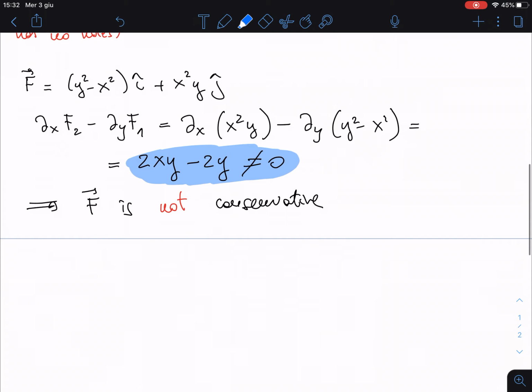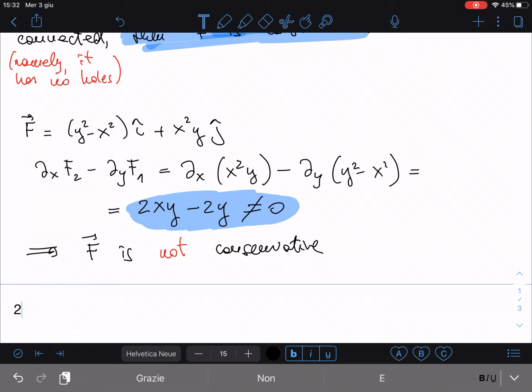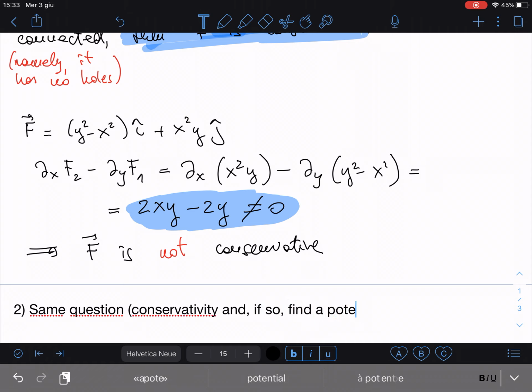So let us try with another example. The second example is the same question, which means conservativity, and if the field is conservative, find a potential for the field.